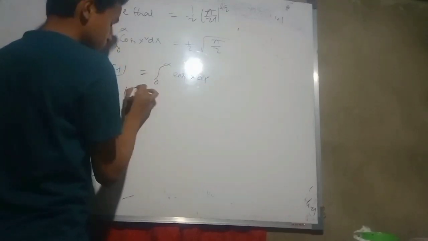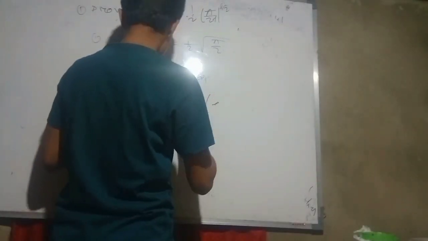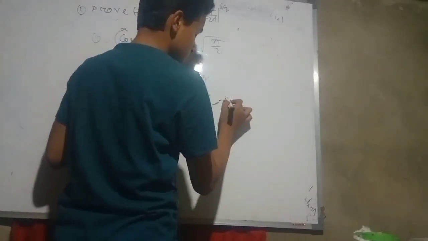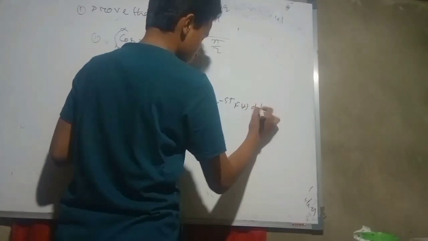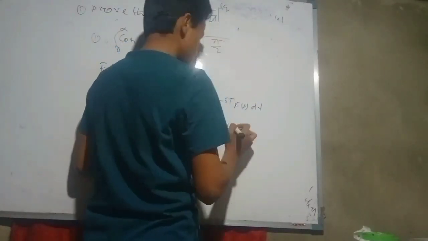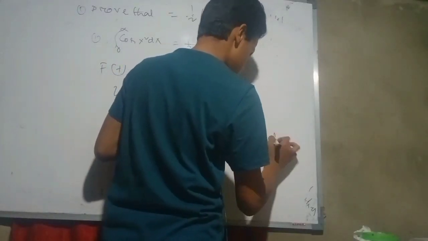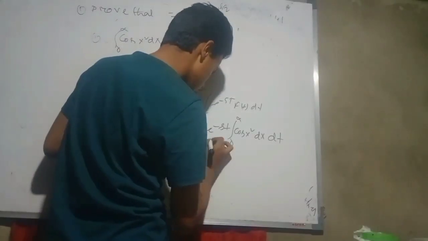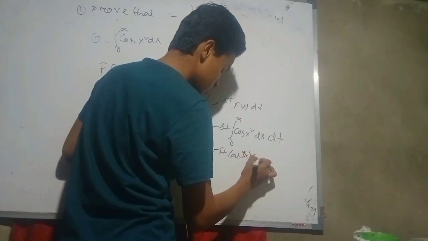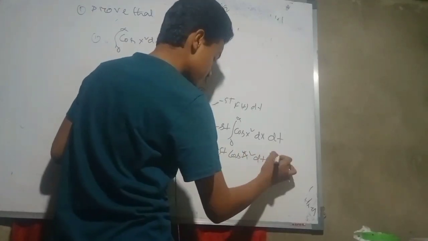So we let f of t be the integral from 0 to infinity of cos x square dx. The Laplace transform of f of t is the integral from 0 to infinity of e to the power minus st times f of t dt. So that is the integral of e to the minus st times the integral of cos x square dx, into dt. Changing the order of integration, we get e to the minus st cos x square dt, from 0 to infinity, dx.